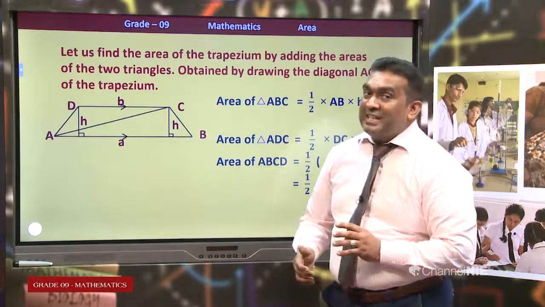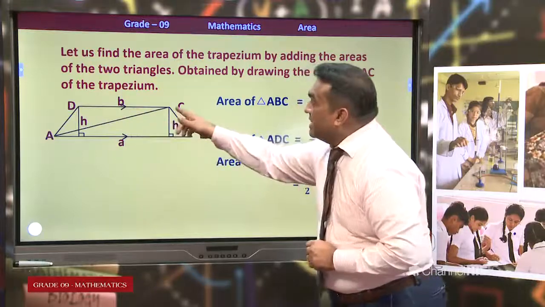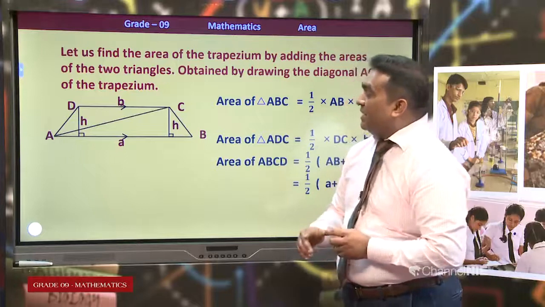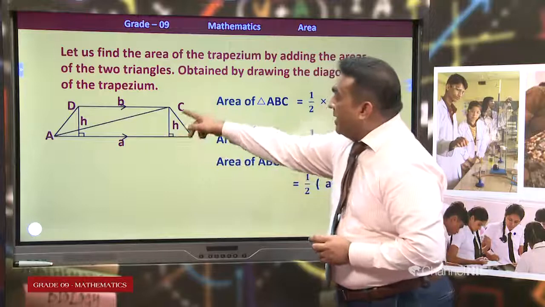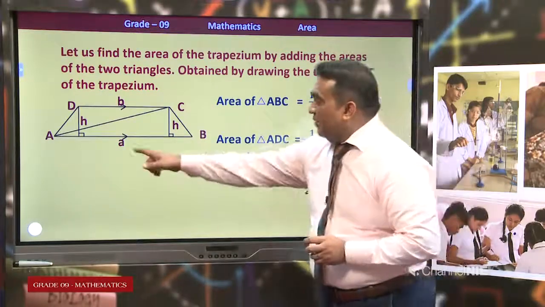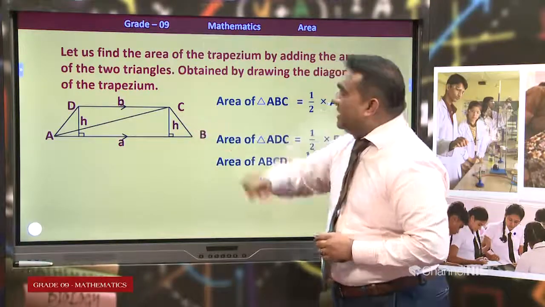We want to consider triangle ABC and triangle ADC. If you want to find out the area of a triangle, we know that base and perpendicular height are needed. Right? What is the base? Base is AB, perpendicular height is h.